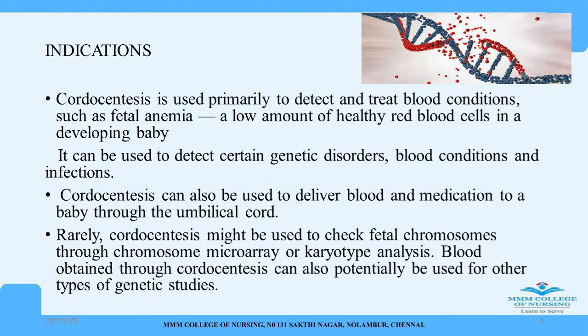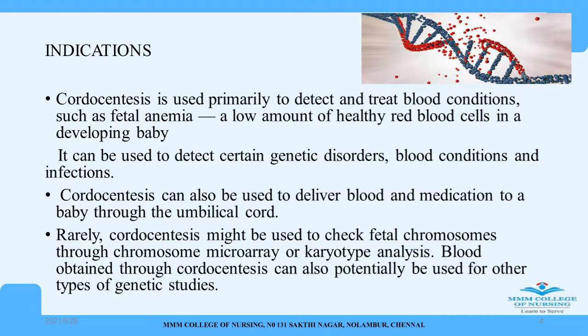Next are the indications. Cordocentesis is used primarily to detect and treat blood conditions such as fetal anemia. Anemia is a low amount of healthy red blood cells in a developing baby. It can be used to detect certain genetic disorders, blood conditions, and also infections.